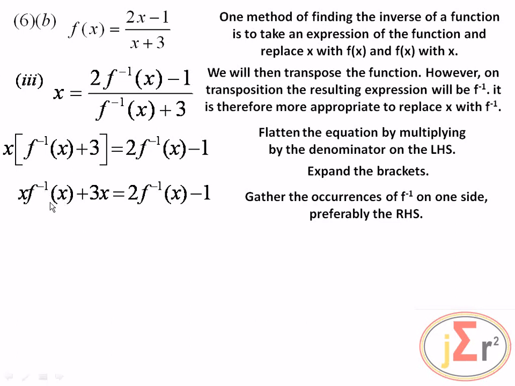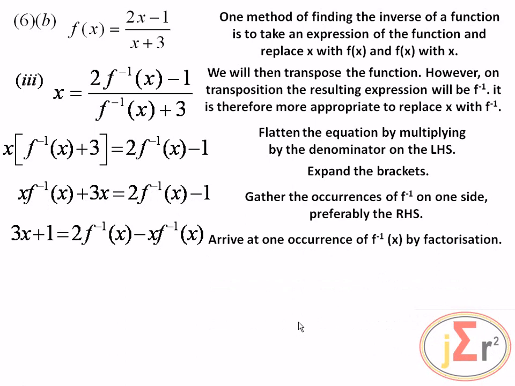They are on opposite sides of the equation. Therefore, we will transpose them to the same side, preferably the right hand side. So whereas we have 2f inverse x here and x f inverse x, we will have a minus x f inverse x, and we will have this minus 1 transposed to a positive 1.